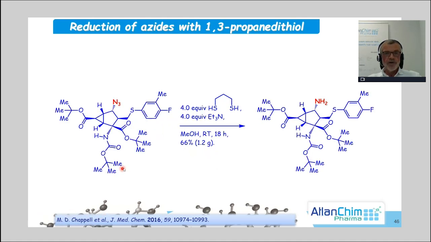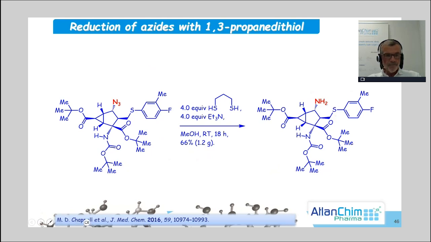Under the same conditions, reduction of this highly hindered azide here with 1,3-propanedithiol gave the corresponding amino derivative here in 66% yield on a gram scale.